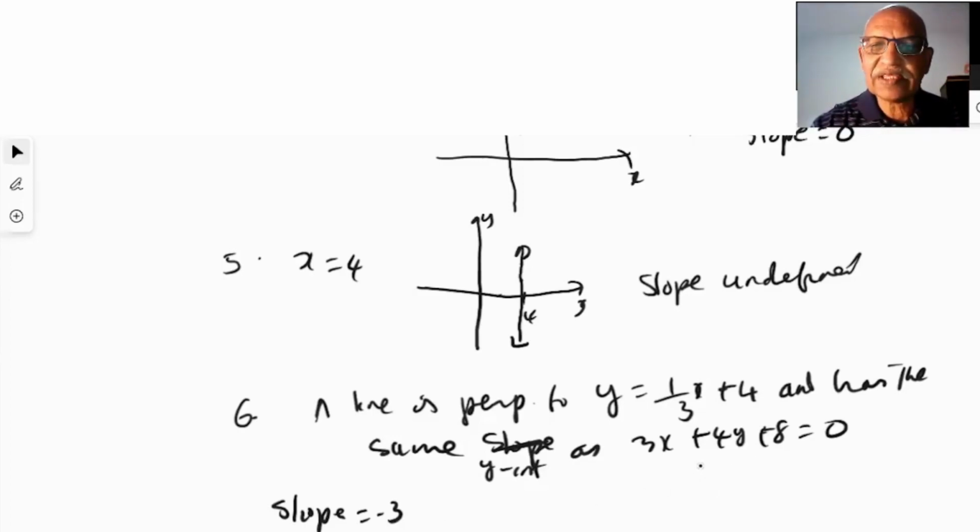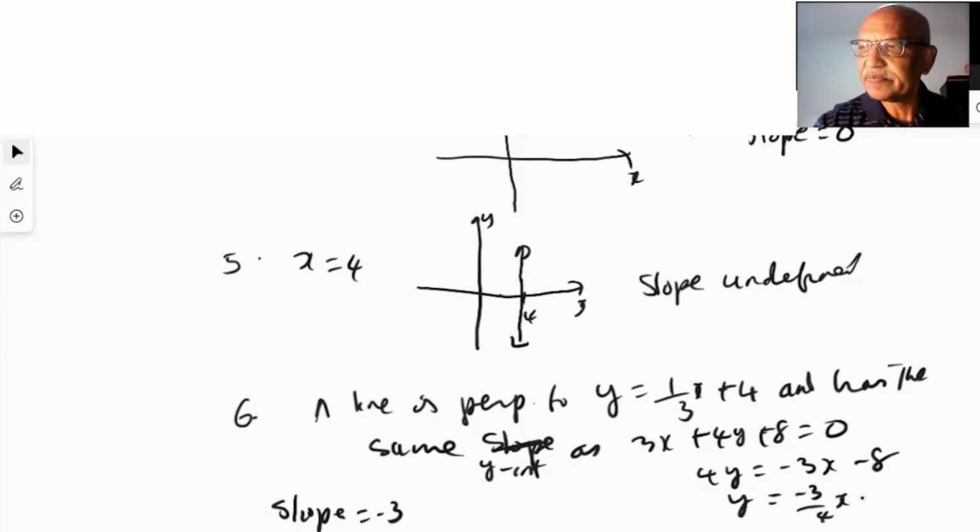To find y-intercept, I substitute 0 here, or I change it to y-intercept form, where 4y equal to negative 3x minus 8, y equal to negative 3 over 4 x minus 2. Therefore, y-intercept is negative 2.